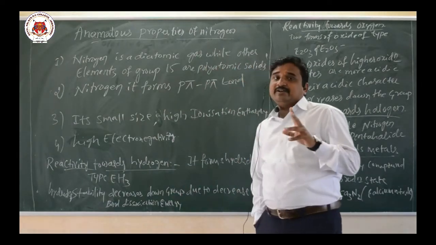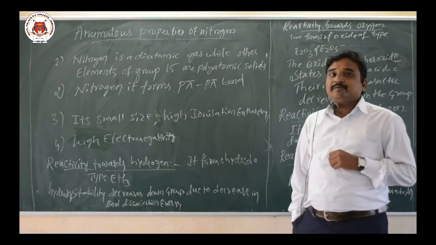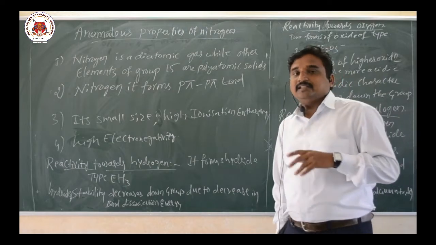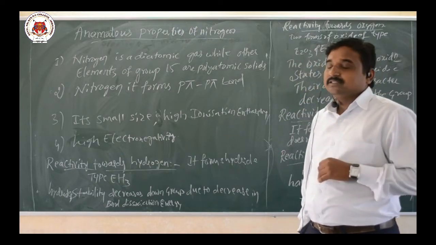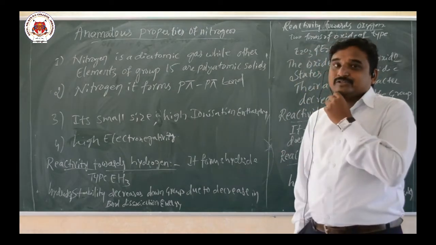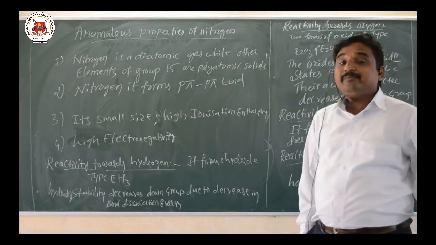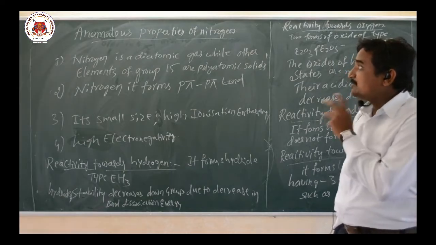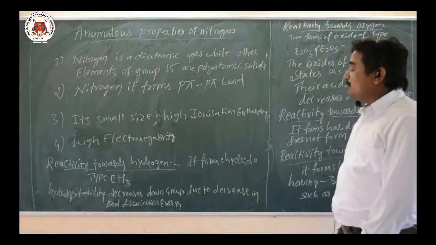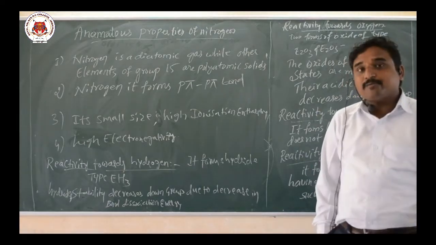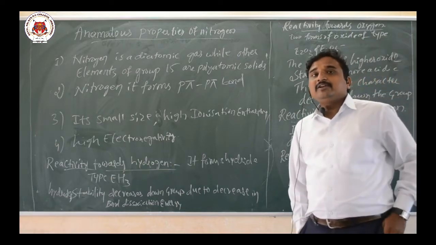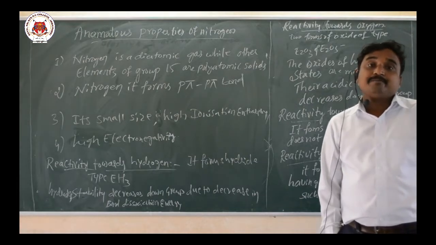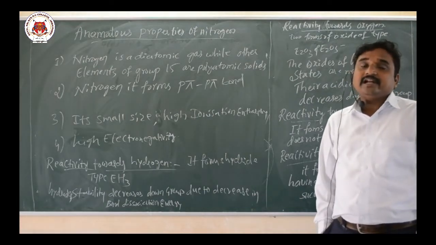The nitrogen family, that is group 15, consists of nitrogen, phosphorus, arsenic, antimony and bismuth. Nitrogen shows different properties compared to the other elements in group 15. Such properties are called anomalous properties of nitrogen. How are the nitrogen atom's properties different from those of phosphorus, arsenic, antimony and bismuth?